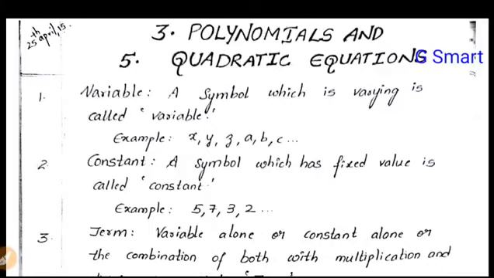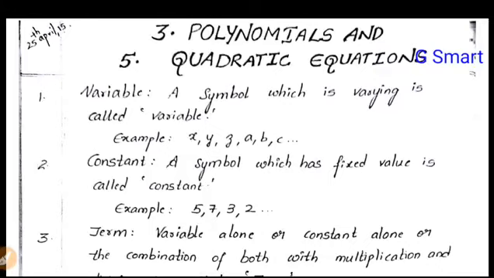For example, I am taking the x value as 5, your friend is taking 6, another friend is taking 9, another friend is taking 12. So the symbol is x only, but its value is changing depending upon the person, depending upon the place. That is why a symbol which is varying is called a variable.